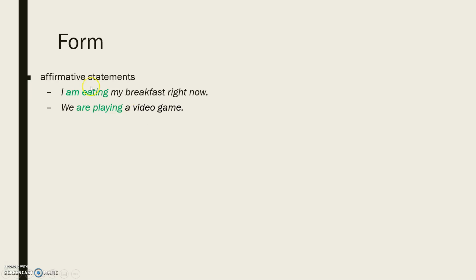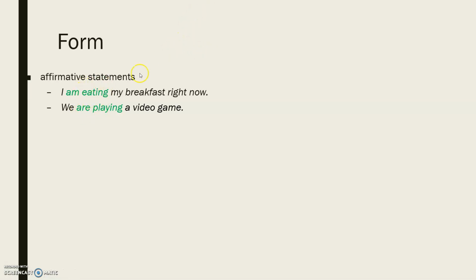As you can see, both of these forms are made in quite similar ways. So you always start with a subject, of course, I or we, for example. Then you've got to be, the correct form of to be, of course, I am or we are. And then you add the ing form.